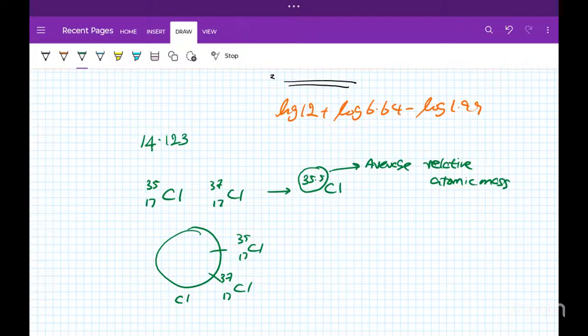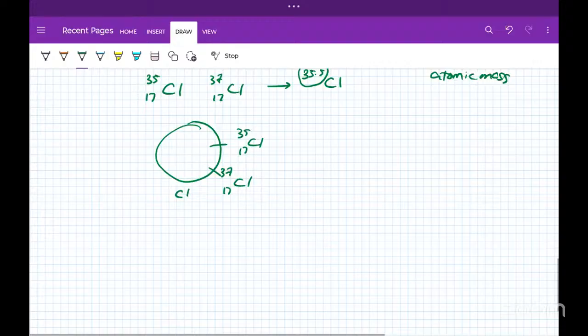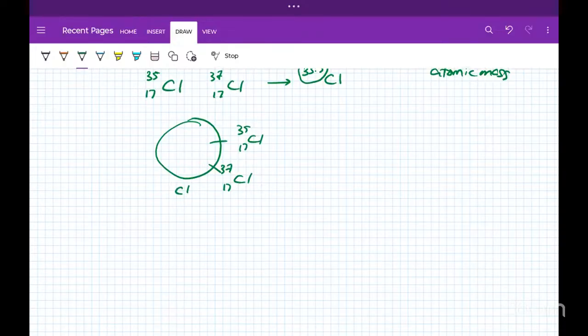You take the relative atomic mass of Cl-35, and the relative atomic mass of Cl-37, right? And get the average by using the relative abundance, something that we discussed in unit 1. When we were discussing isotopes, I did these calculations, right?